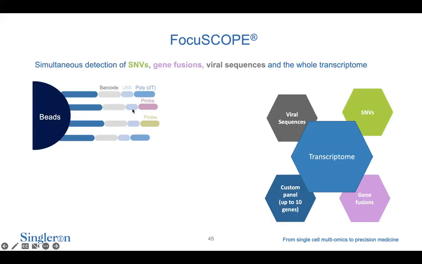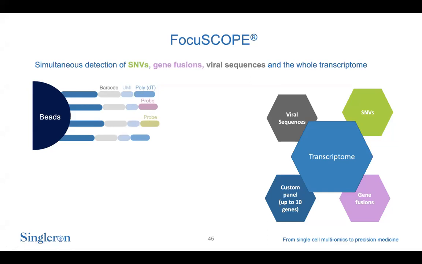So basically how this works is that we use the very same technology, very same microchip, but now the beads look different. So basically we not only have the poly-T tails that capture the transcriptome, but we have probes specific to the genes of our interest.